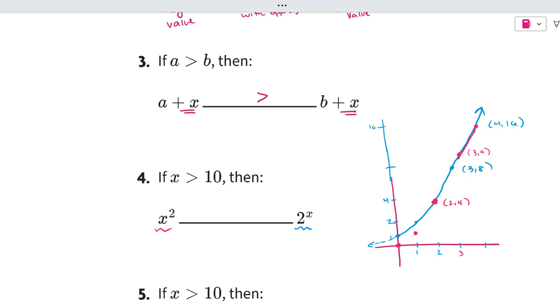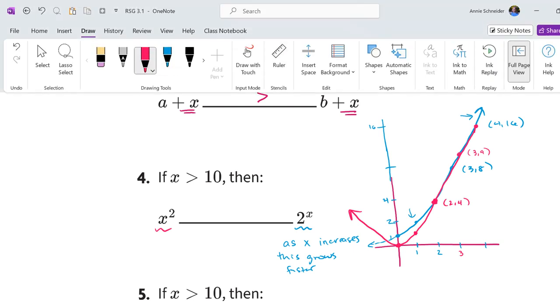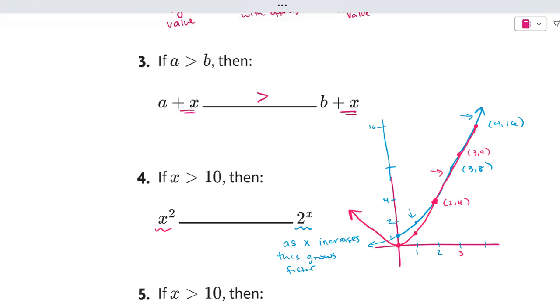It's a really bad hand drawing. But I can see that at different points, like here, exponential is a little bit faster. And then our exponential is going to become faster again too. So as x increases, this grows faster. But there's this little segment in between where our quadratic is faster.